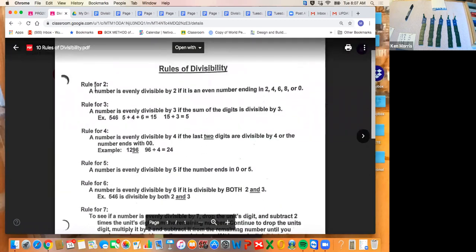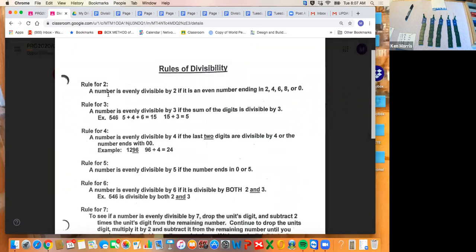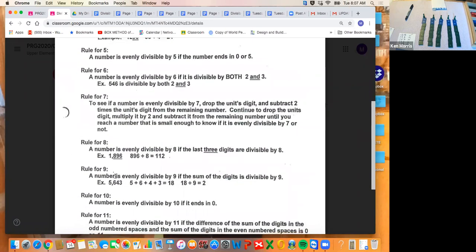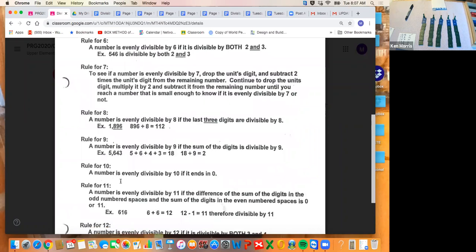All right, so we already talked about the rule for 2. We talked about the rule for 5. The rule for 10 is very, very easy. A number is evenly divisible by 10. I don't like the use of this word evenly because of the possible confusion between even and odd numbers.